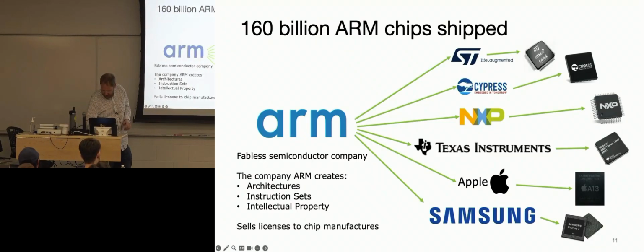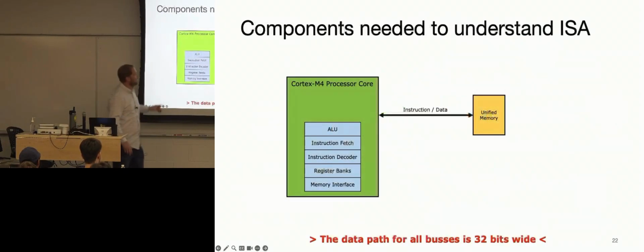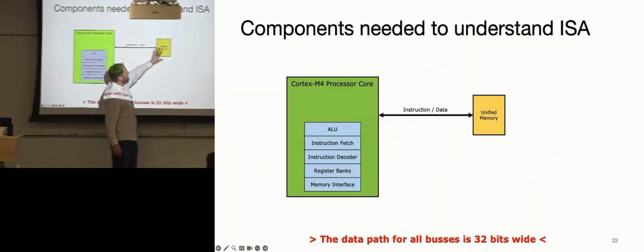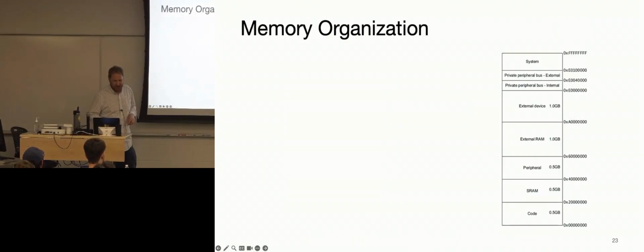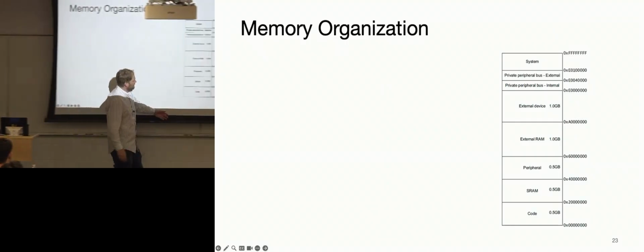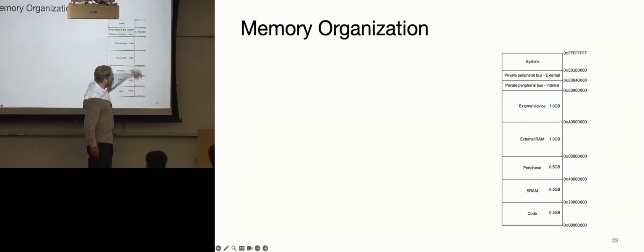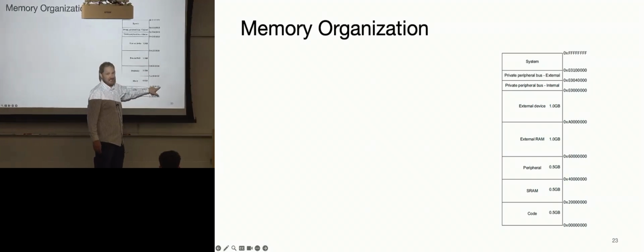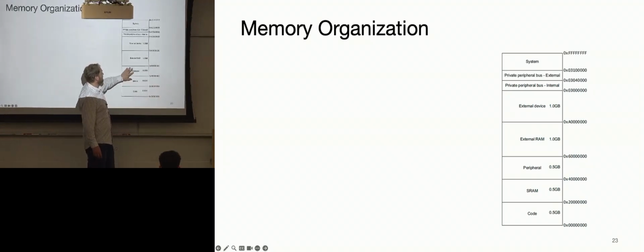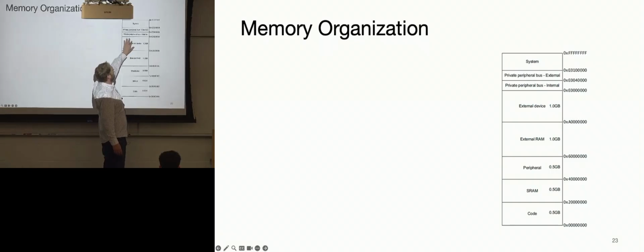And so when we come back to this, this is a unified memory, from ARM's point of view. What ARM does is they just say, okay, here's some address space. Here we have addresses going up, and they're going to say code exists between this address and this address. They're going to say SRAM's here, peripherals here, external memory, devices, and other things. They're saying this is the maximum it can be.